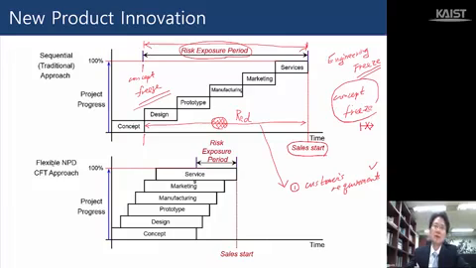Let's look at the flexible new product development approach here. The concept is frozen at this time, and then there is a risk exposure period, which is much shorter compared with this one. Compared to this traditional approach, the risk exposure period is much shorter.